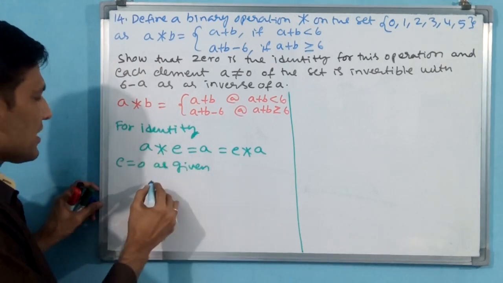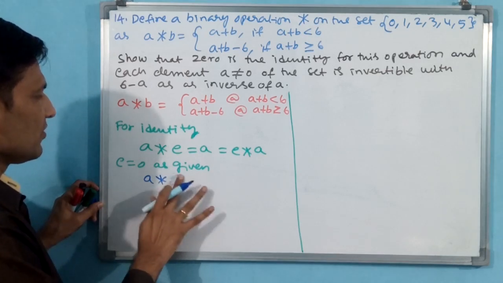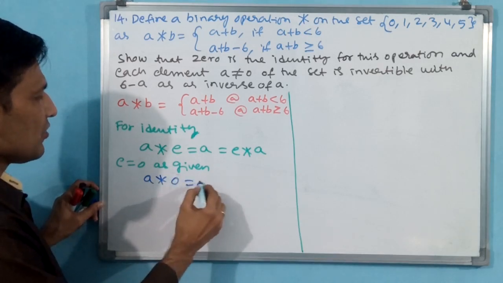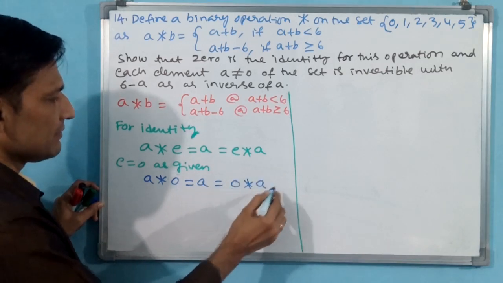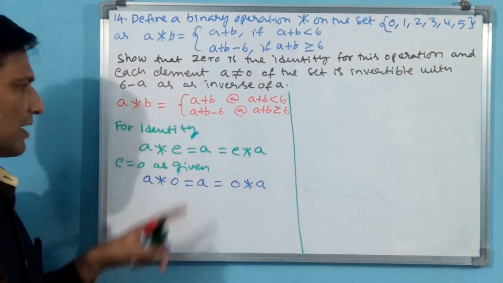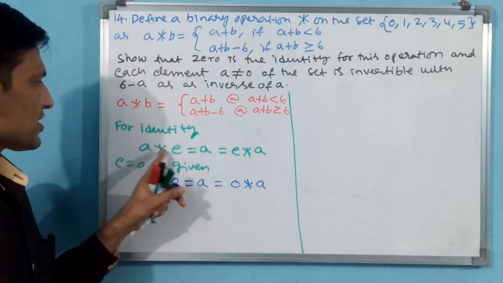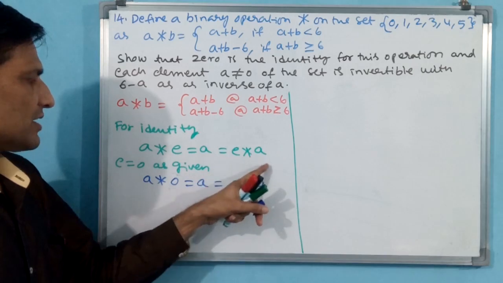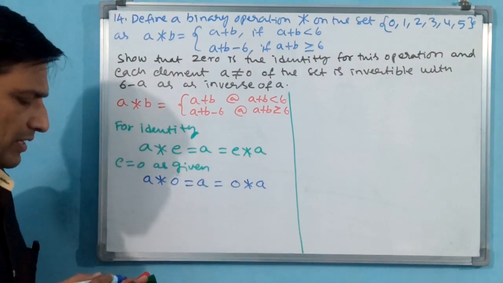That means this formula is going to become like this. A star 0 is equal to A, that is equal to 0 star A. This is the formula. Why? Because see, A has to come in between. This identity 0 they have given. A star 0 is equal to A, 0 star A is equal to A, it has to come. Okay.